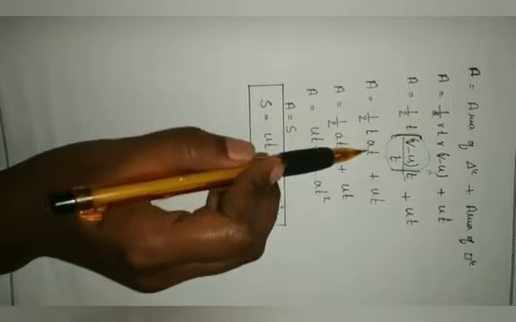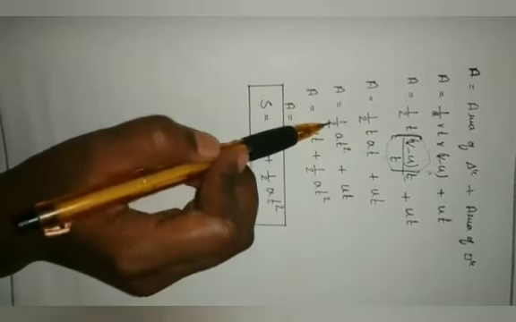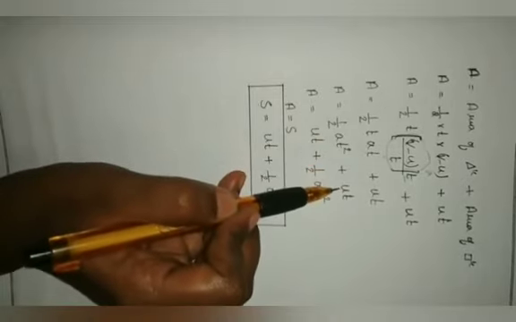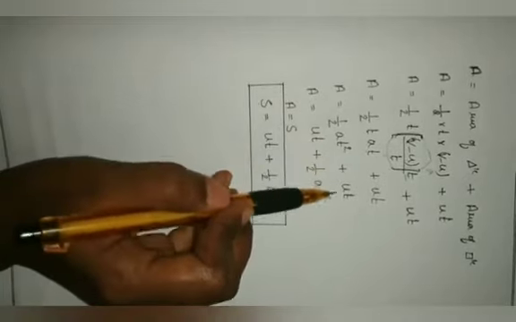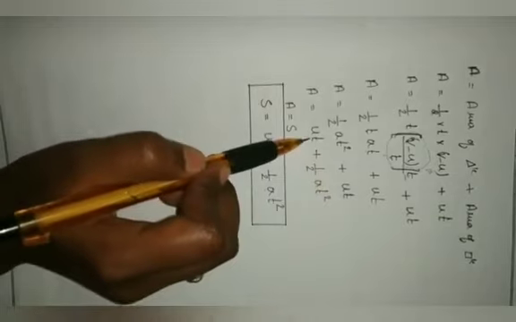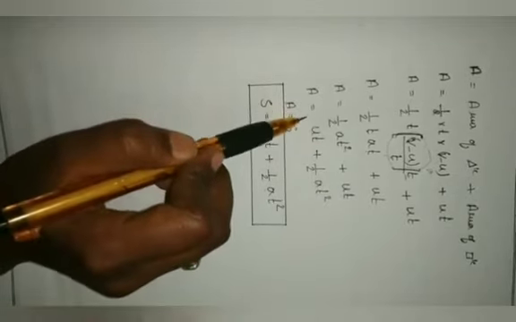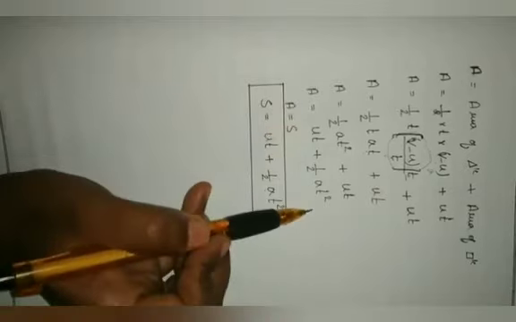Now T into T is T square, half into A into T square plus UT. On rearranging, we write UT first, later half AT square. Area is equal to UT plus half AT square.